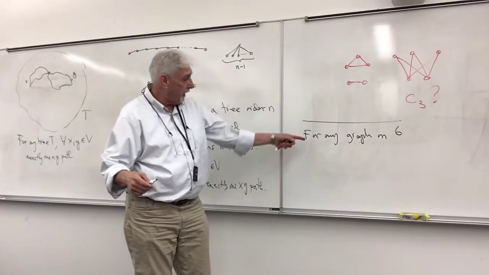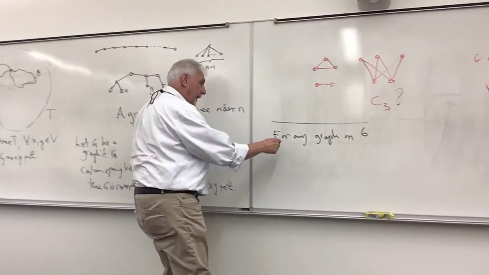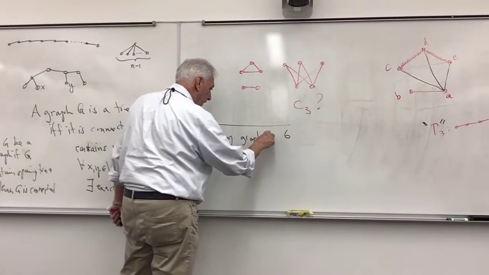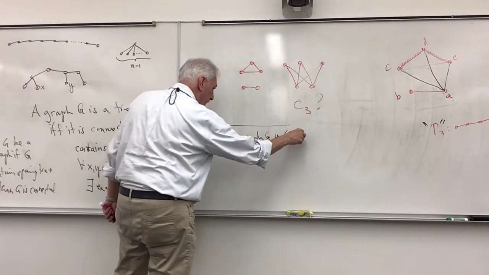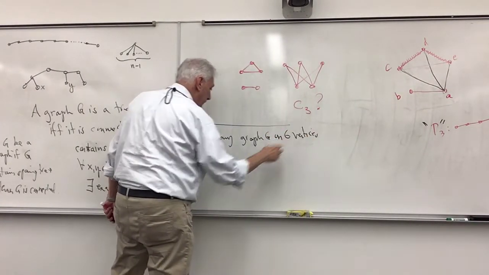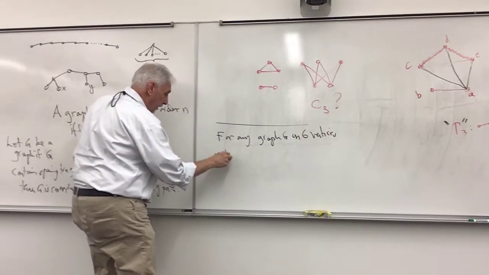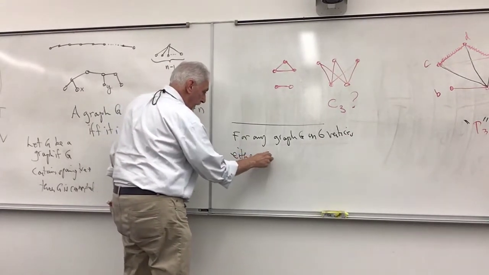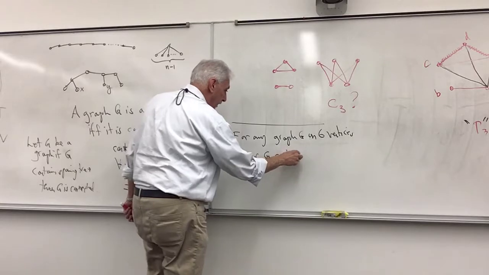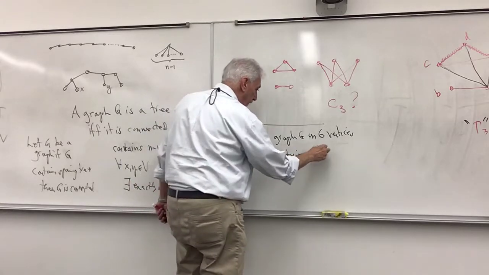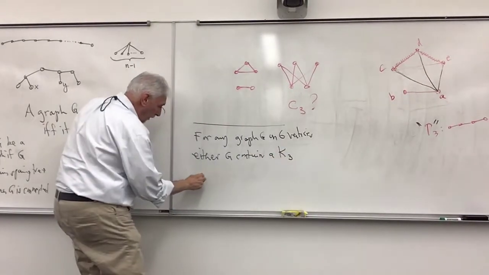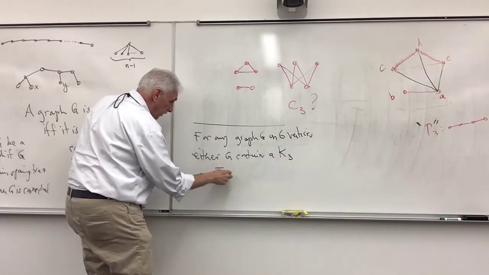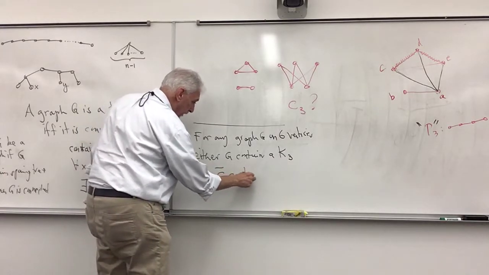For any graph on 6 vertices, any graph G on 6 vertices, either G contains a K3, or G complement contains a K3.